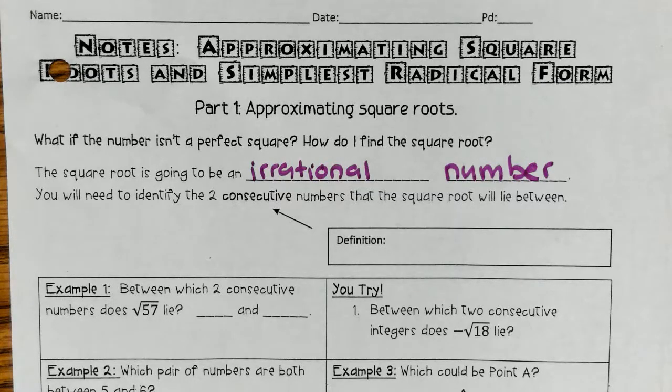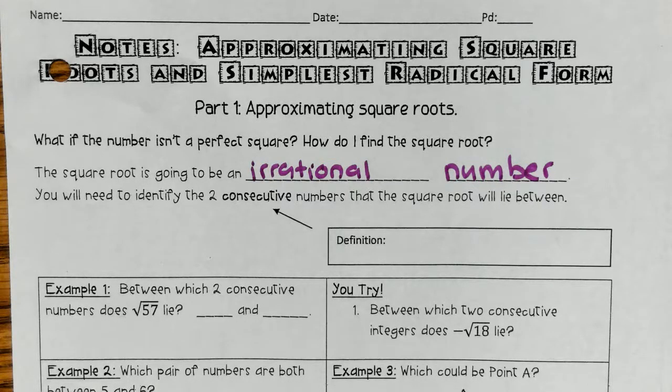It is not rational, so irrational is the opposite of rational. Salim? It's a non-repeating, non-terminating decimal. So it's a decimal that goes on and on without a pattern. So irrational numbers are kind of crazy. Pi is an irrational number that you've probably heard of. The other type of irrational number we're going to learn about this year is square roots of non-perfect squares.